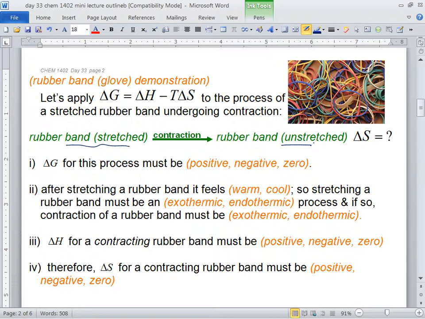Is it spontaneous or not? Is it natural? Here to there. Yes, you can't stop the stretched balloon from not stretching. It's not going to stay this way. So that means delta G has to be negative. Okay, delta G has to be negative for this process.